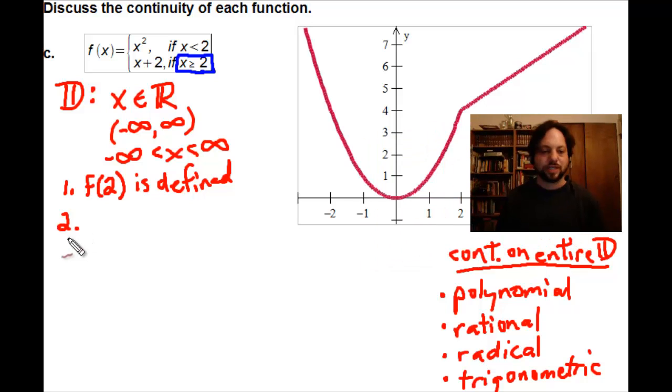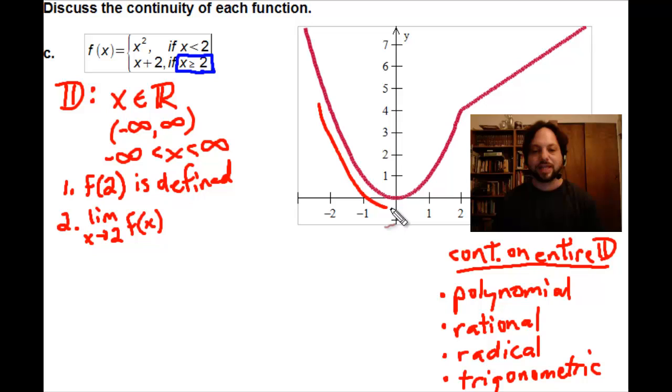Alright, so step 2, does the limit as x approaches 2 of f of x exist? Well, let's take a look. The limit from the left, if I'm coming in from the left, I'll be going like this. I'll be coming around the parabola, and as I approach 2, which I will draw as a dashed red line, it seems as I approach 2 for the x that f of x is approaching 4.